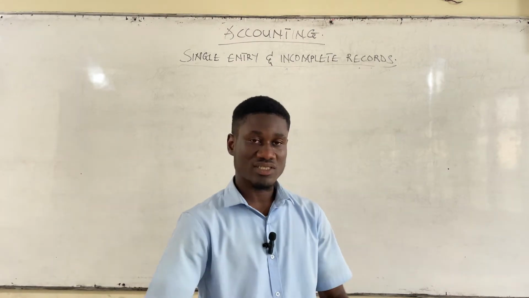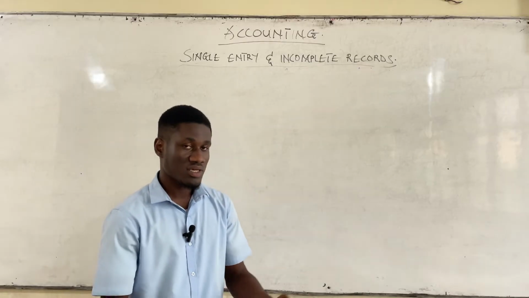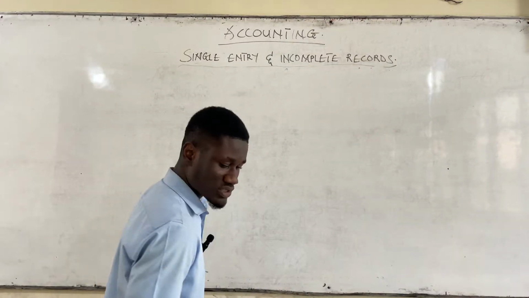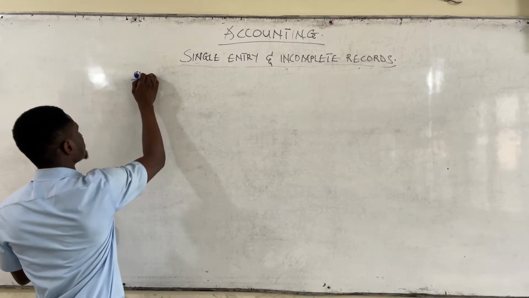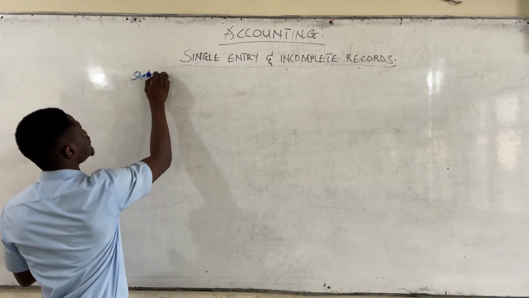Good. So with this question, it entails all the items that we have to open. So we are going to start with our statement of financial position. Statement of affairs, sorry.